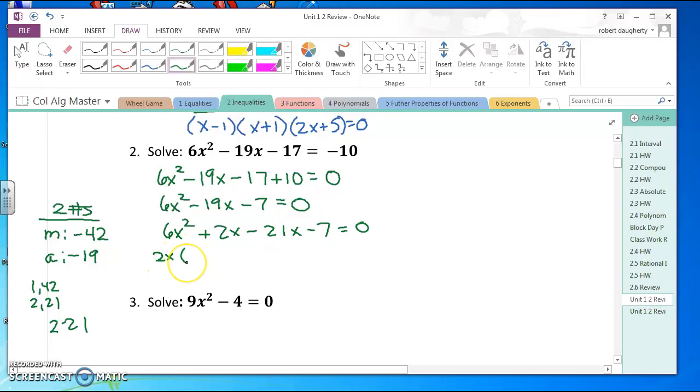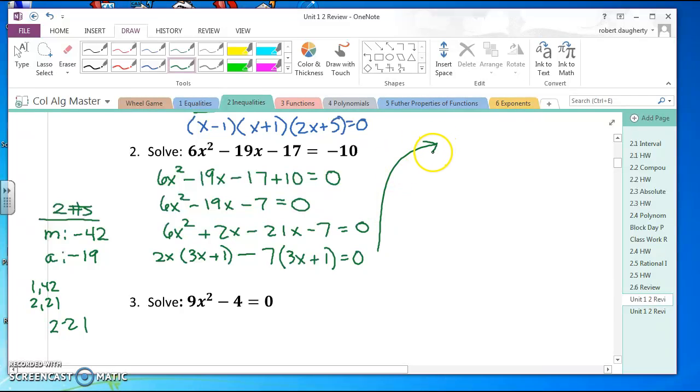So I'll factor a 2x out of the first 2 terms, and I get 3x plus 1, minus, and then I can factor out a negative 7 from the last 2 terms, and I get 3x plus 1 equals 0.